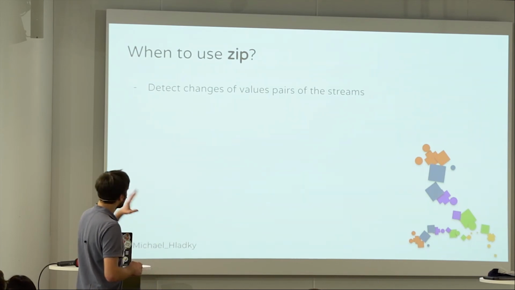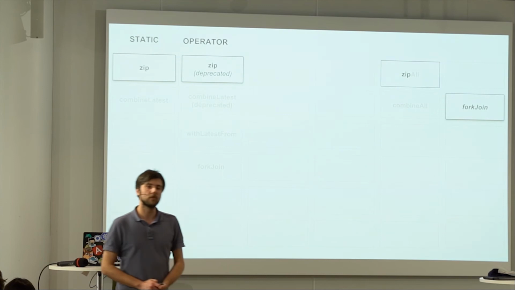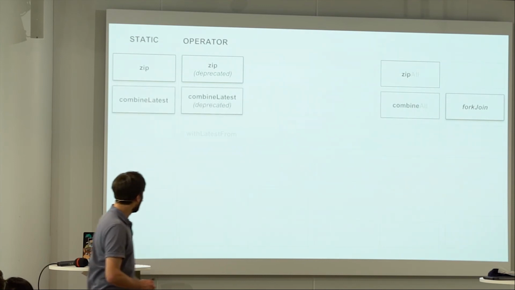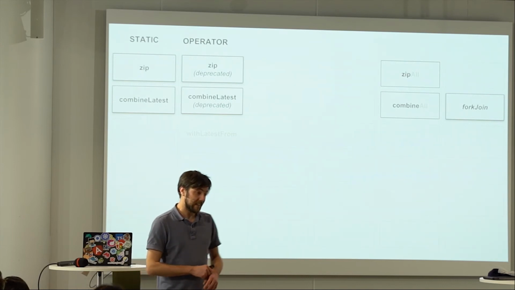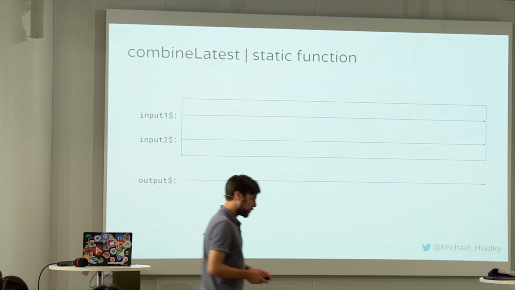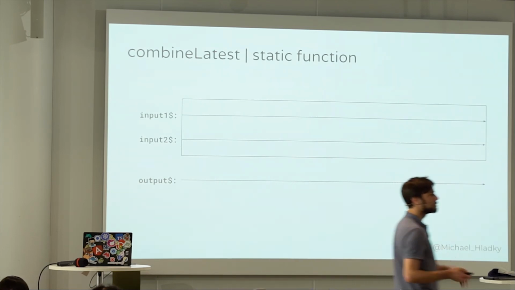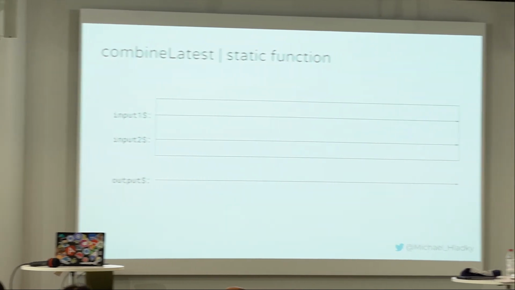To save you some time, I skip more of the examples and I directly go to the combine all operation, or to the combine operations in general. The combine latest operator is also a creation method which takes two observables, but it is a little bit different than zip.